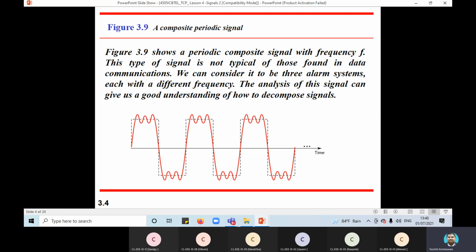Can someone reason it out? You don't need mastery knowledge to answer that question. Just the things that you have learned so far are enough. Why is even this complex signal not suitable for data communication? Even though it is complex, still not suitable. Reason? I want you to answer.